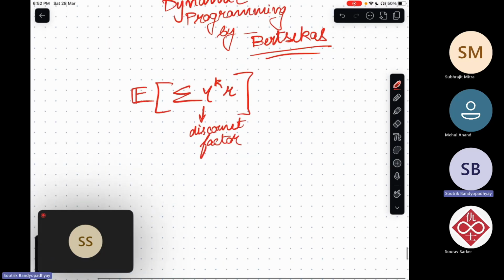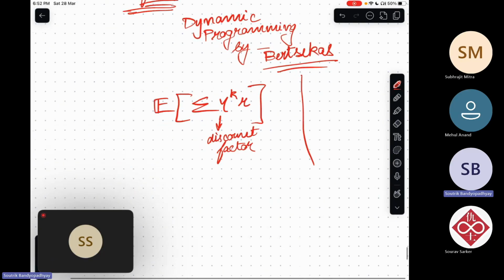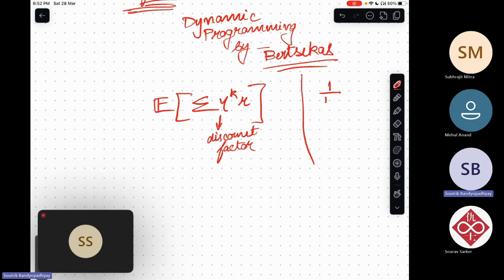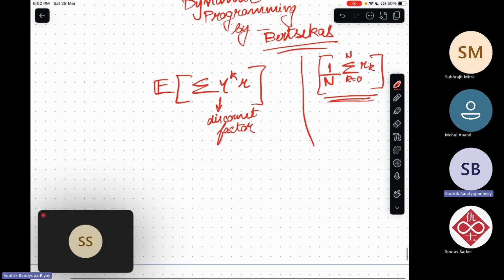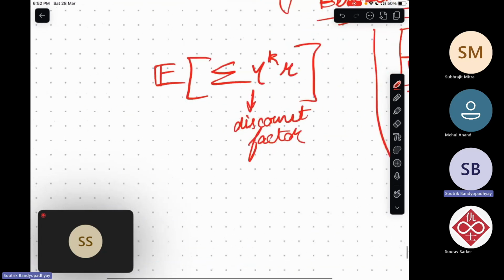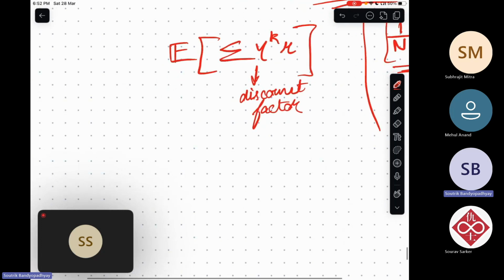And the other one is 1 by n summation over k equal to 0 to n of the reward. We will not be focusing on this one, because it's a bit beyond the scope of this video. But let's look at the discount factor formulation.